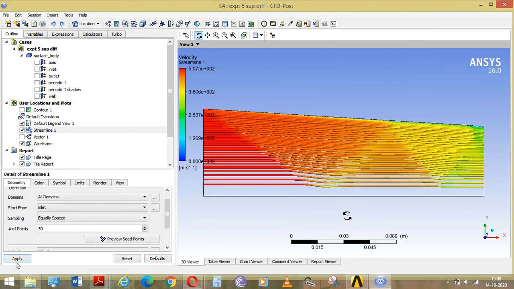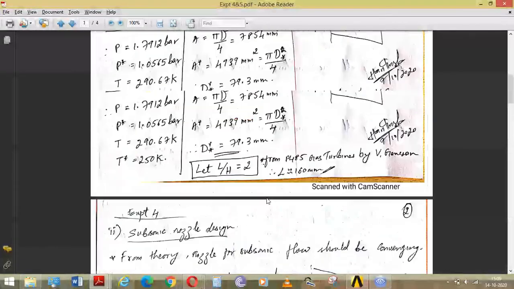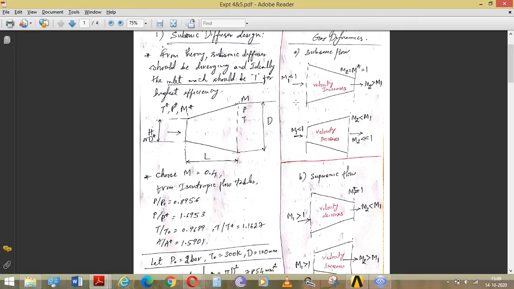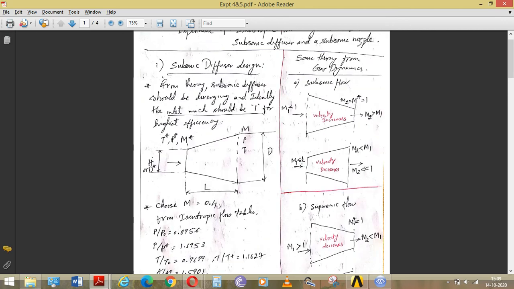So whether the flow accelerates or decelerates through the duct when the flow is subsonic and supersonic, converging, diverging, all combinations we have seen. These four cases we have studied in these two experiments: subsonic converging, diverging, supersonic converging, diverging. Right? That's all.